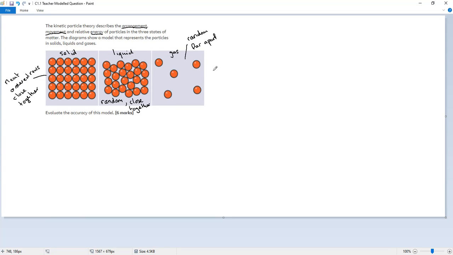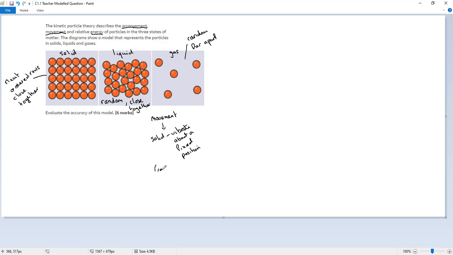So in terms of movement, you can't see the movement on this model. In the solid the particles vibrate about a fixed position. Sorry, my handwriting, I'm trying to get it at the right angle here.